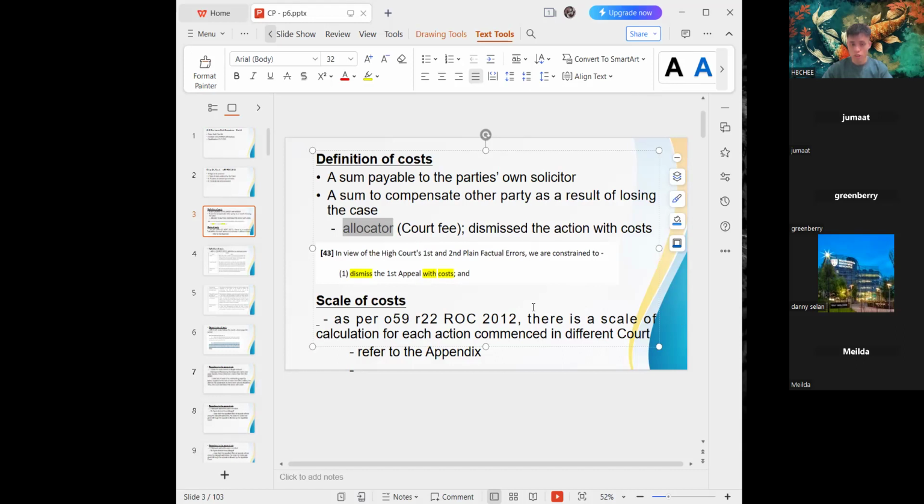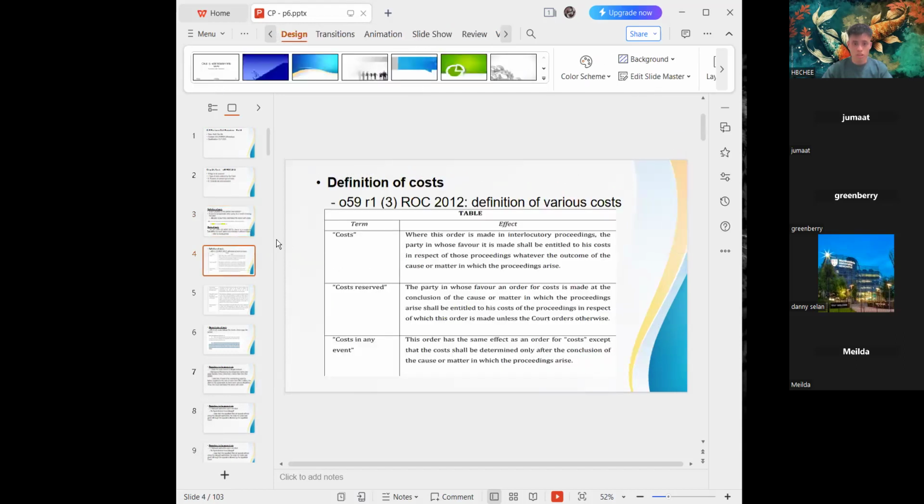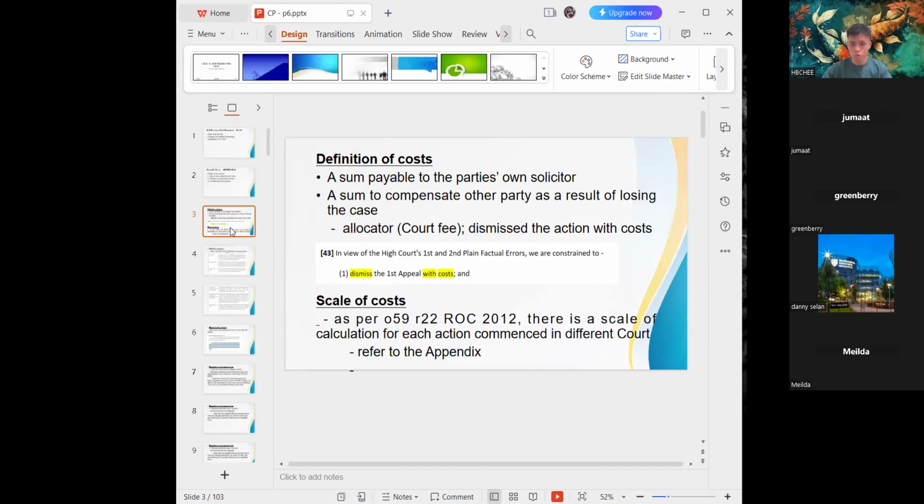Later I will show you the scale, like how the court calculates for each action. You may refer to your Order 59 and Rule 22, for what I need to pay for court.